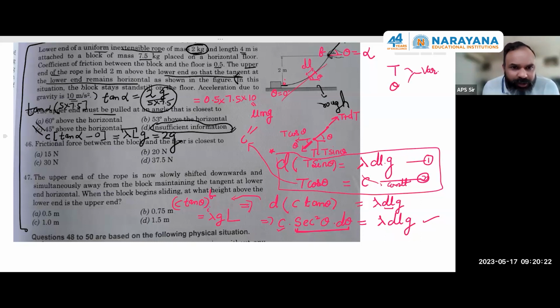So it is coming out as how much? 40 upon 75. Just look into my calculations. Just check that. What I wanted to tell you here is the data is sufficient to find out the angle at that point.